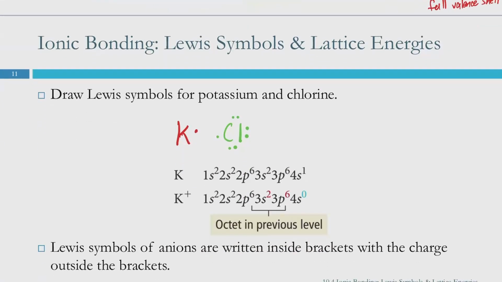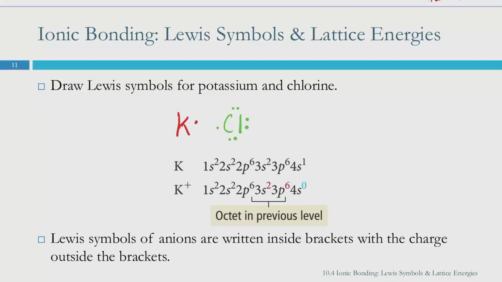And when these two bond, since it's ionic, this one electron is going to transfer over to the chlorine. And what that does for our valence shell, here's our full electron configuration for potassium. Notice we've got this 4s1.